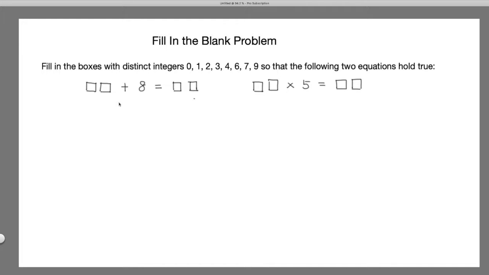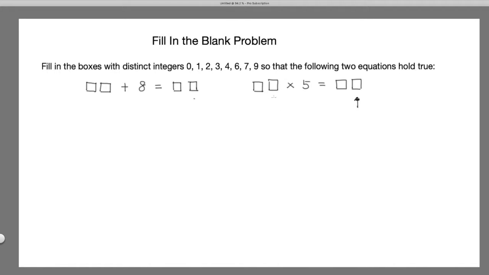Again, to solve this kind of question, the key is to find a key constraint. For this question, the first constraint is pretty simple. It comes from the second equation. You have a two-digit number multiplied by 5 equals another two-digit number. The key is, what is this digit?